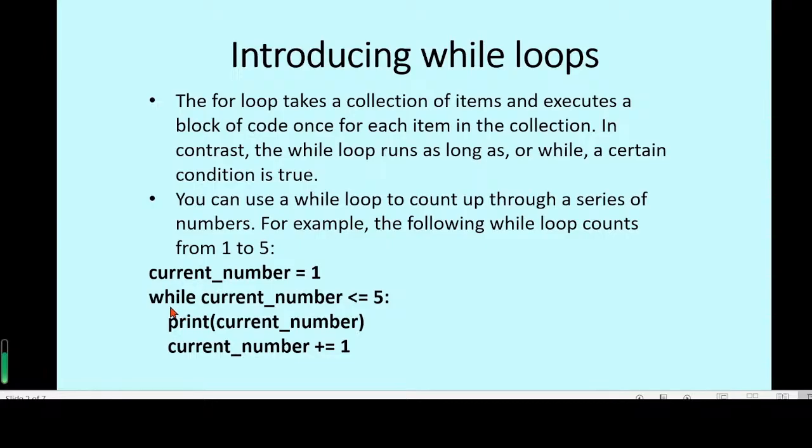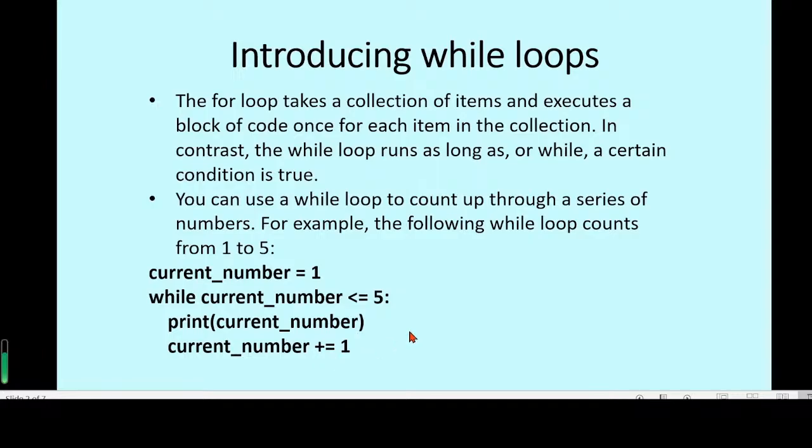Then we do a while loop, check if current number is less than or equal to 5, then print this current number. Then inside this while loop, we also increase current number by 1. Then it will go back and check again if this condition is still true, and so on.